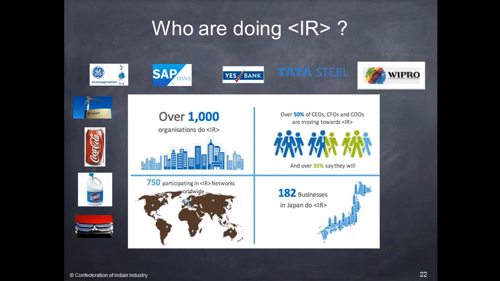There are 750 networks. We are one of the networks, but almost every country, every continent has its own network. And there are some interesting facets.